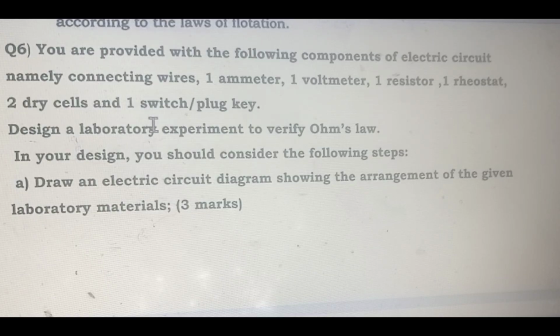It comes from the unit of electricity. In this unit of electricity, make sure you understand well Ohm's law, its statement and application. Make sure you understand the electric power formula. Make sure you understand electric energy and the factors affecting it.